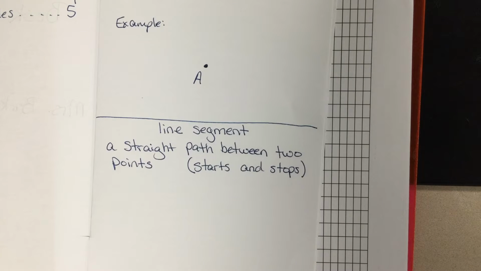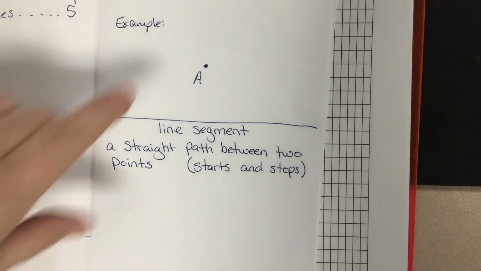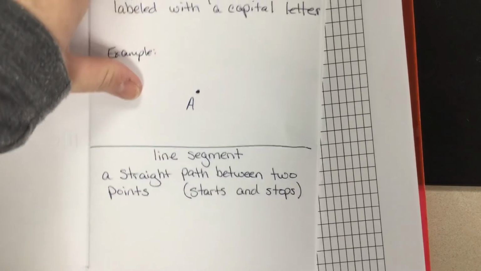It has a starting point, it has an ending point. Isn't a line segment like this? With 2 dots at the end? Right in there. Okay, so we're building on to each one of these.